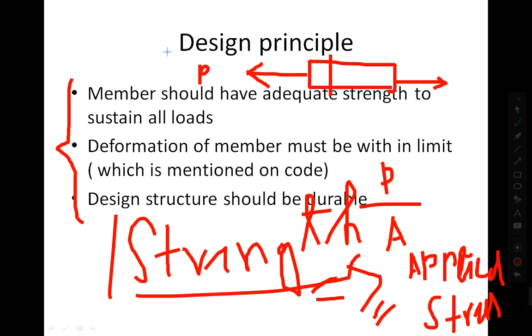And also one thing you remember: design should be economic, cost effective, but the 100% safety you have to maintain.